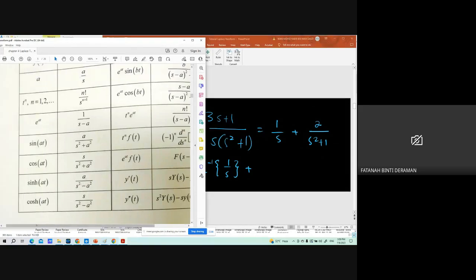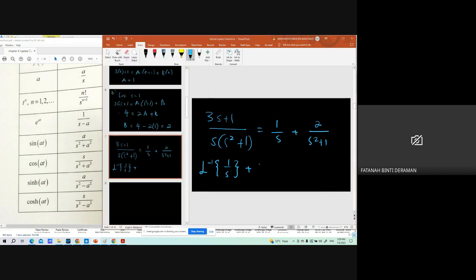So a equals to sin. So meaning these two we need to factor out 2 here outside. So you will deal with the Laplace transform of 1 over s square plus 1.